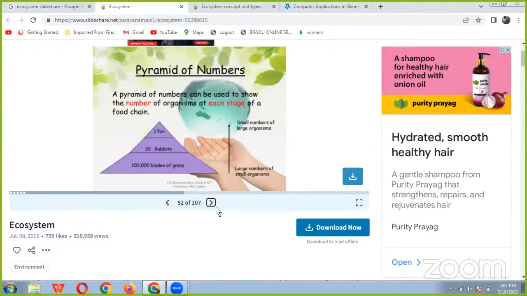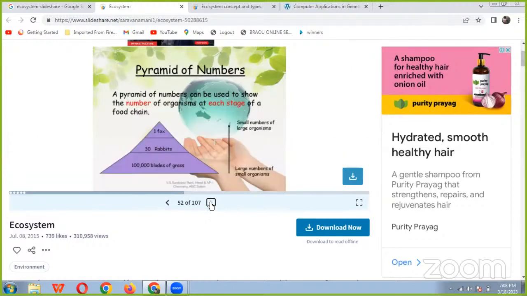Pyramid of numbers. Most of the ecological pyramids are in the upright condition.